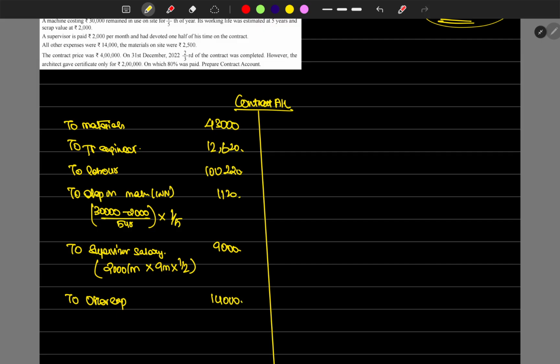Expenses 14,000. By closing material, which is material on site, 2,500.